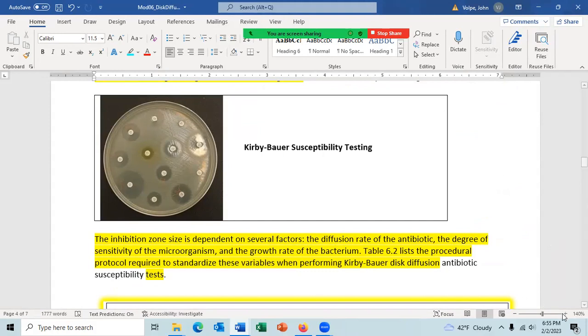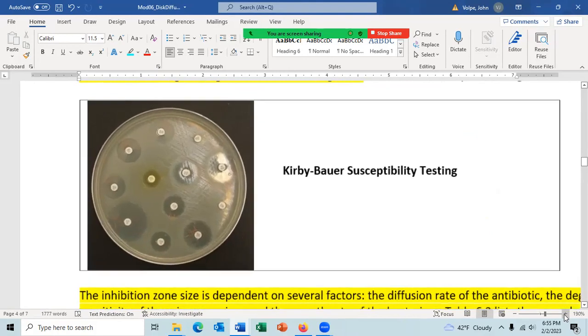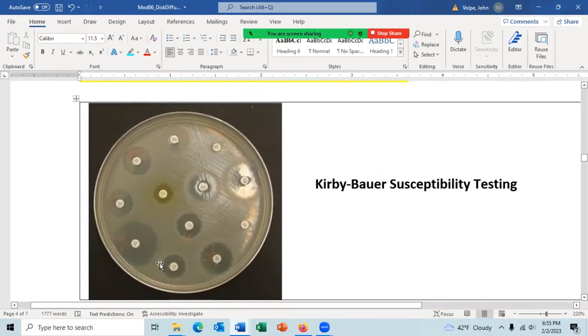You've got to look it up in a chart, and it depends on what the antibiotic is, and what the size of this is. Now, if there's no zone of inhibition, it's fairly safe to say that the bacteria is resistant to that antibiotic. And that one may be no zone of inhibition as well. Any questions about that?